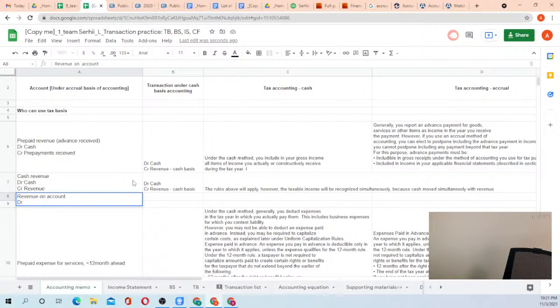So first, we will debit accounts receivable, credit revenue, and then after some time we debit cash and we credit accounts receivable.